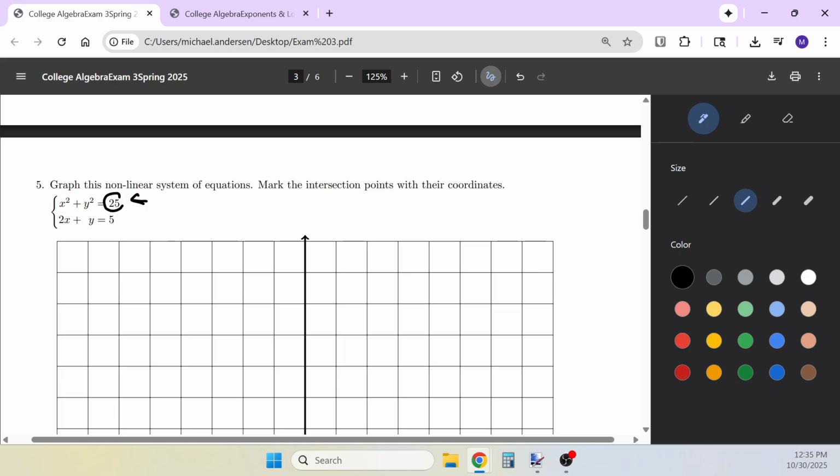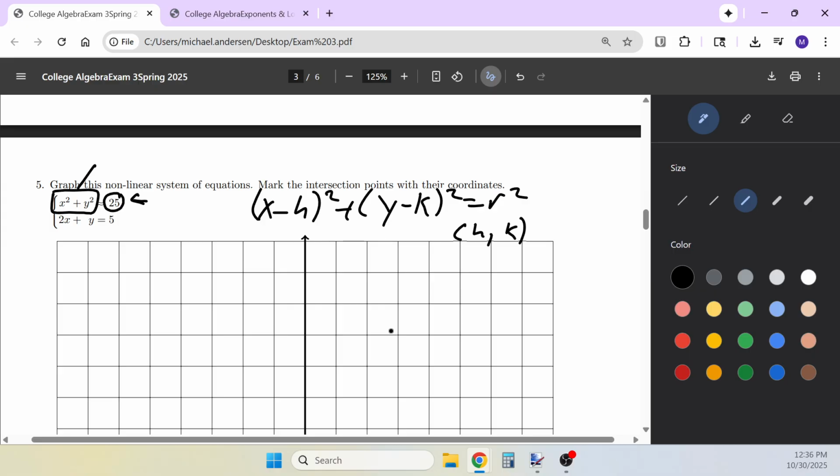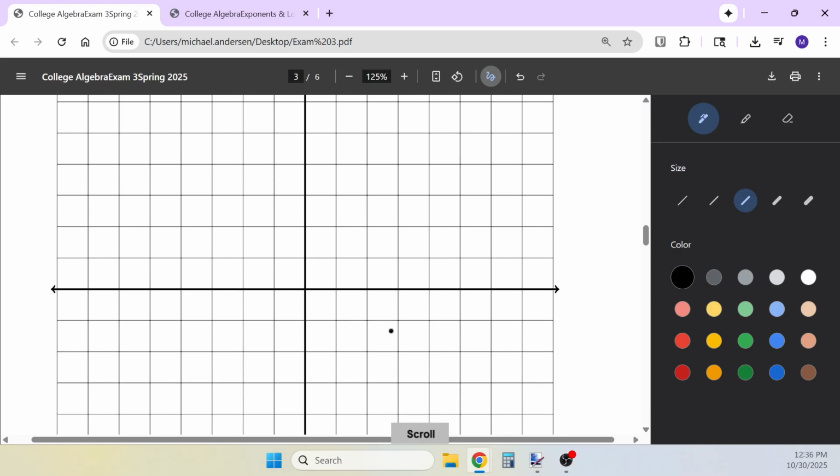We find that by the radius, and the general form of a circle with the center at (h, k). But as you can see, we're subtracting nothing from x, nothing from y, which means the center is 0, 0. 0 subtracted from x, 0 subtracted from y, so a circle of radius 5.